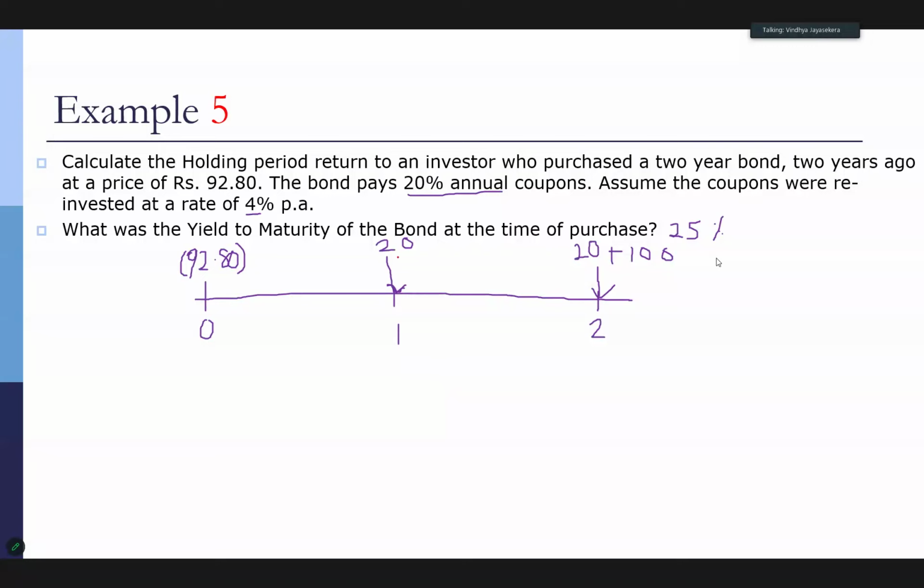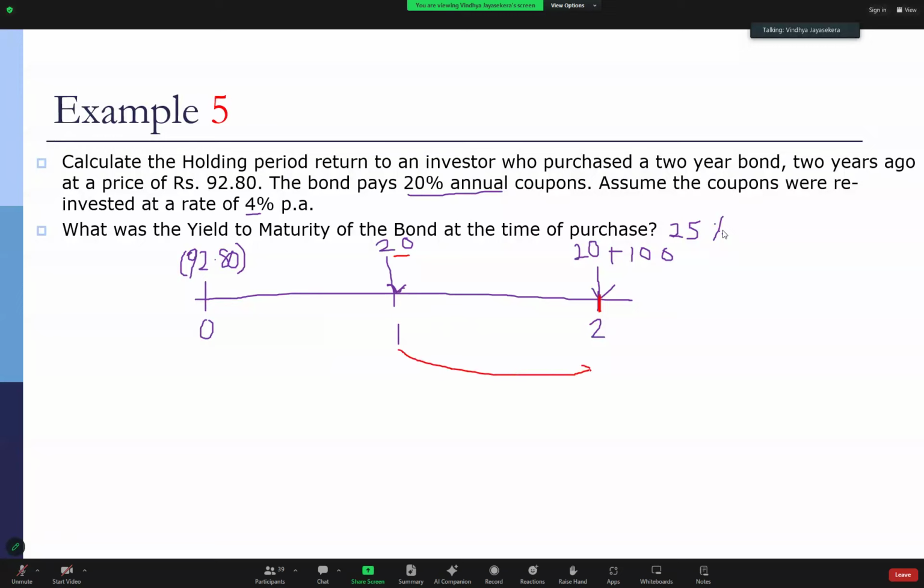We look at how much this coupon is worth at the end of my evaluation period. So I'm evaluating the bond over these 2 years. The coupon I received in year 1, at the end of my evaluation period in year 2, how much is this coupon worth?